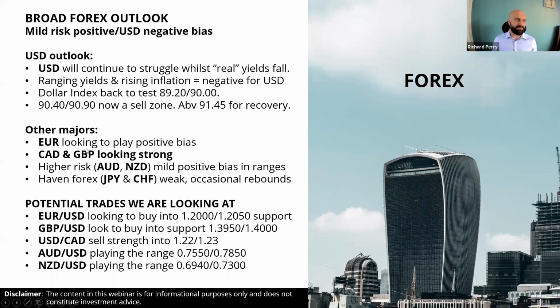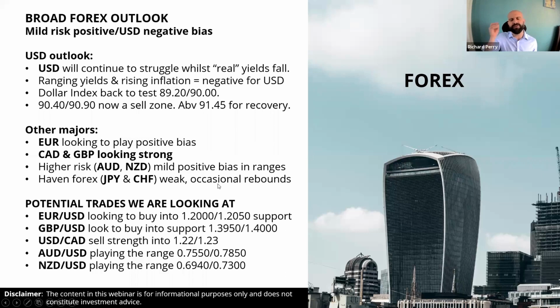Two other Forex majors that I like the look of are the Canadian dollar and sterling. Canadian dollar has been in an enormous downtrend channel against the US dollar, which is incredible actually, and I don't really see that as changing. I'll show you the chart of that in a bit.